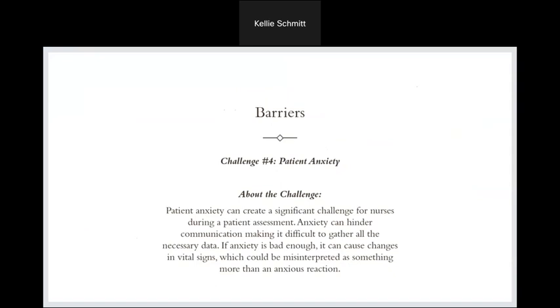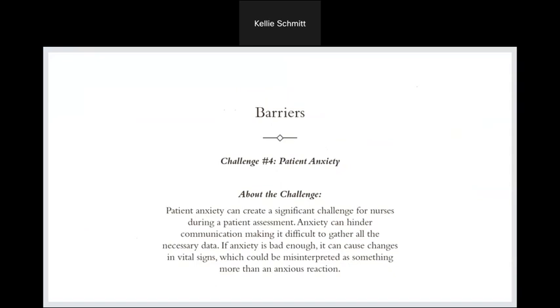Another challenge. If you're anxious, are you telling the truth? Are you embarrassed? There are times when patients are so anxious that they may be apprehensive about sharing personal information. Lack of information or omission of details might have a negative impact on the process of care that you're planning.